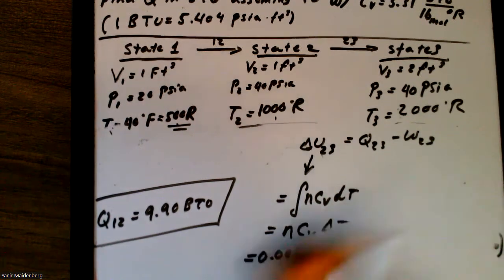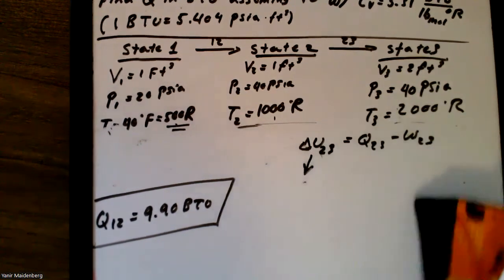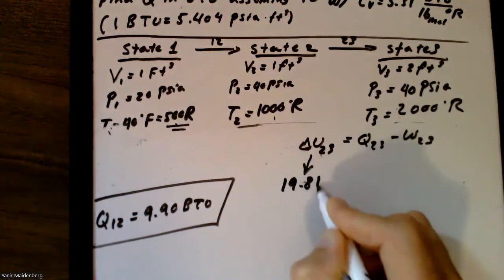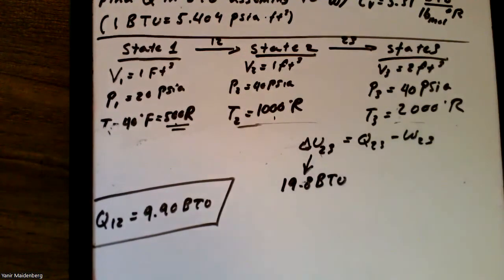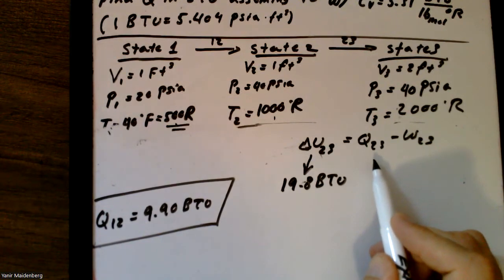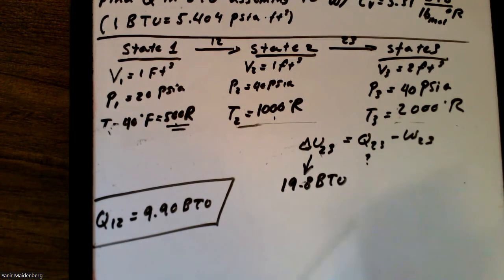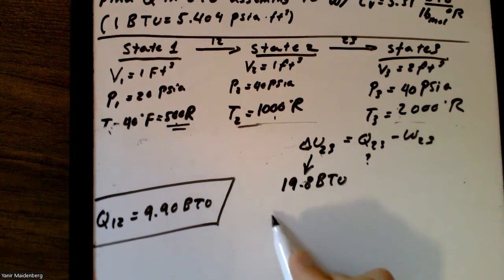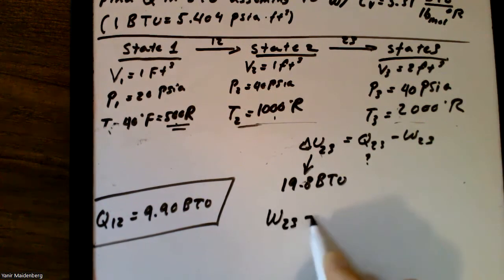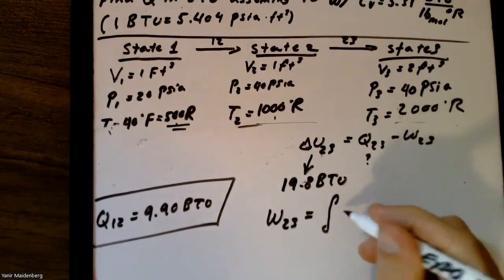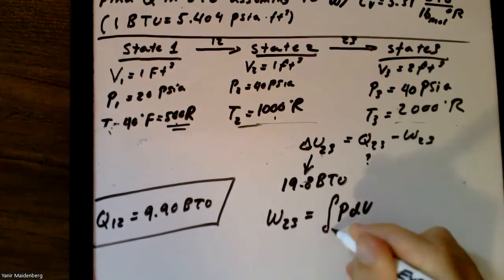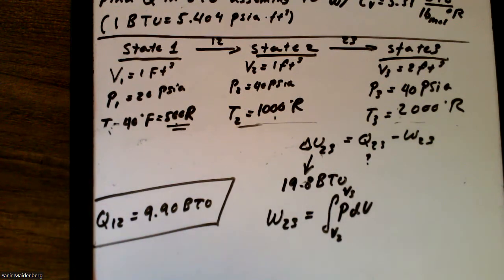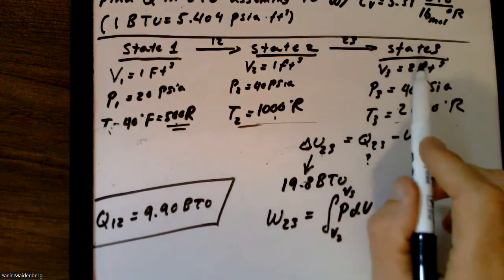Okay, so let me erase all this. And this delta U here is 19.8 BTU. Great. I need to find Q. That's what I want. I don't know what that is. And work 2-3. Okay. Work 2-3 is the integral of P dV from V2 to V3. Okay, so what's happening between state 2 and state 3?